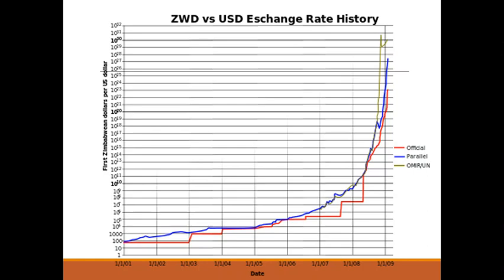The reason that was kind of an in-the-know question to ask is that Zimbabwe experienced terrible hyperinflation, and so what we're looking at here is the actual exchange rate between the Zimbabwe dollar and the U.S. dollar.